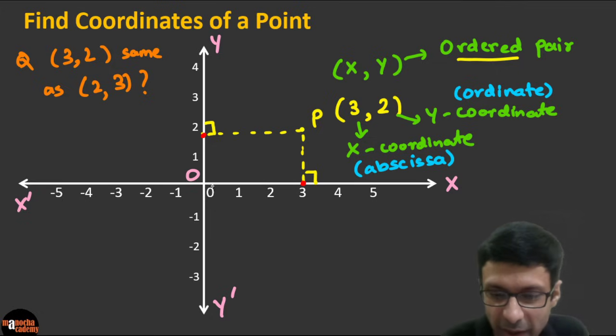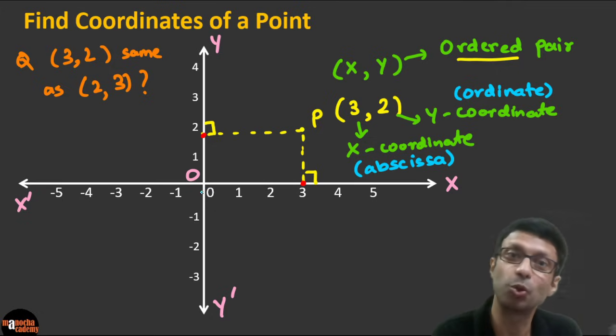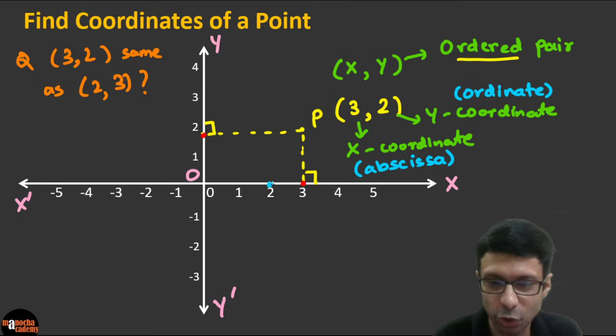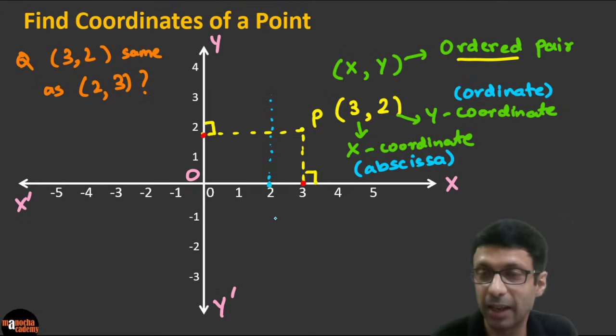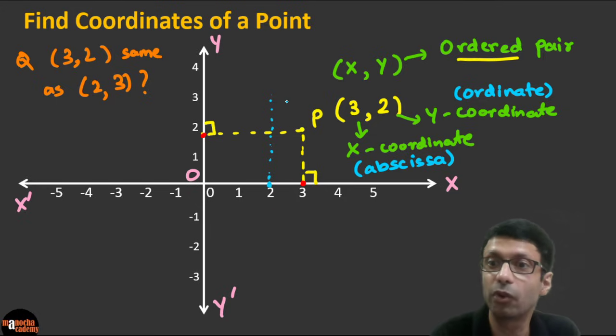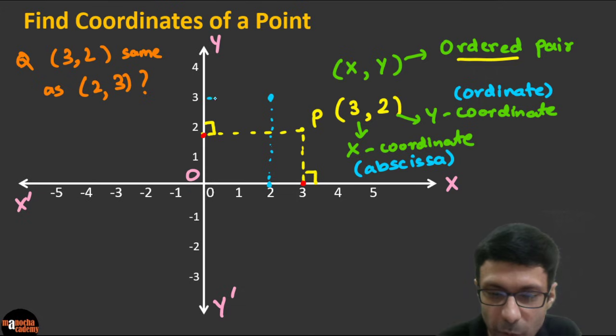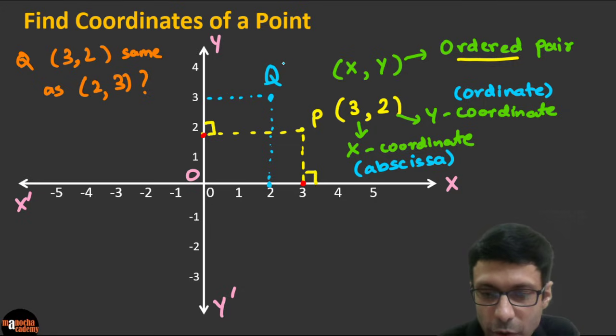Let's plot it. So 2 comma 3 means 2 is the x value, so this is our x value 2, and then we go 3 up on the y-axis. So this is going to be 2 comma 3. Our other point, let's call it Q, is 2 comma 3.